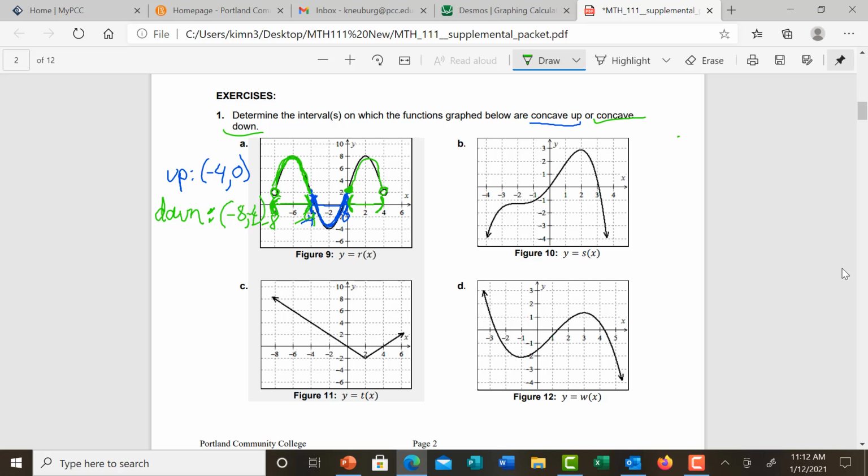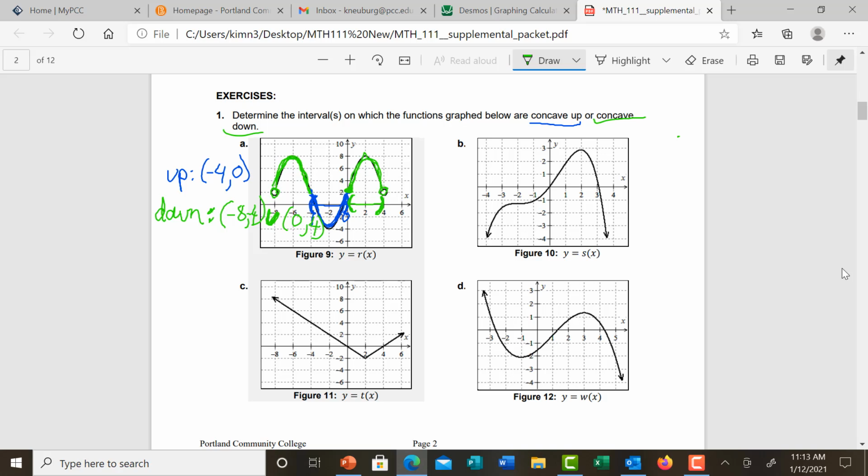Since there is a gap between that section and the next section, I'm going to erase this so I have a little more room, then you want to have a union symbol in your interval notation. So we'll have a union here, and the new concave down section starts at 0 and ends at 4. Since there's that gap in the middle where we're concave up, that's why we use the union symbol between those two intervals.